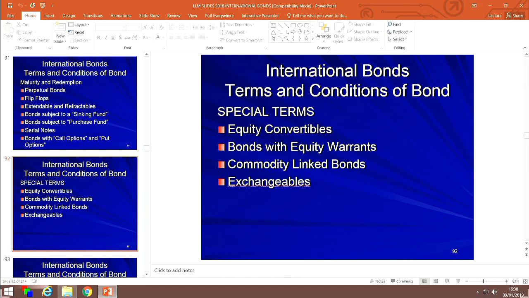It says that on redemption, the investor would have a right to either receive an amount, which is the face value of the bond, or to receive the market value of a specified amount of a given commodity, gold, oil, whatever.